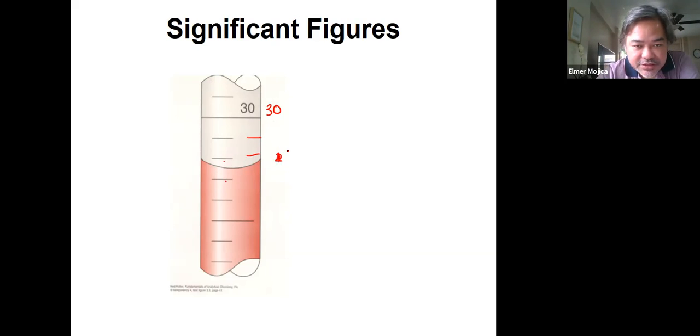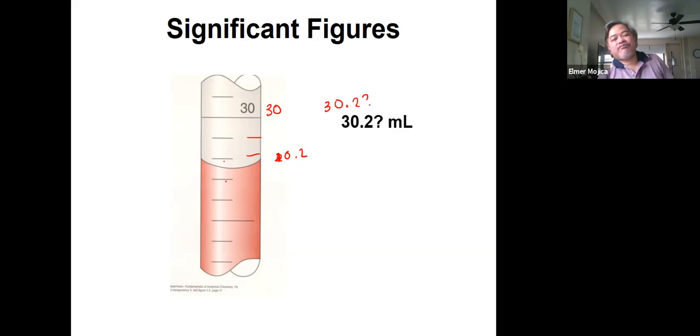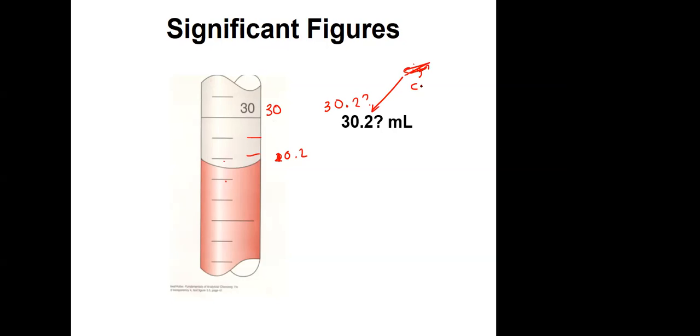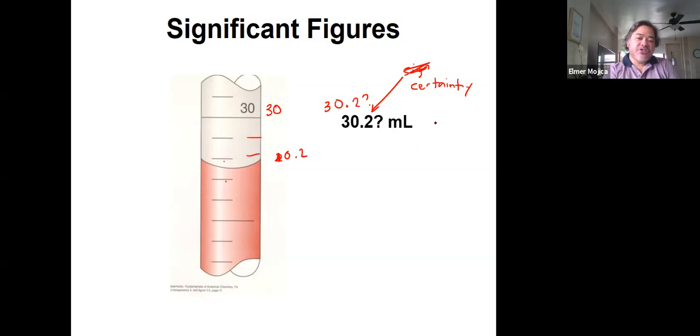Not really a 2, that's just a 0.2, because I think what happened here is you will have a reading like that. What does the 30.2 represent? It's the certainty of the instrument that's used to measure. Precision. Yep. So at this measurement you're certain.